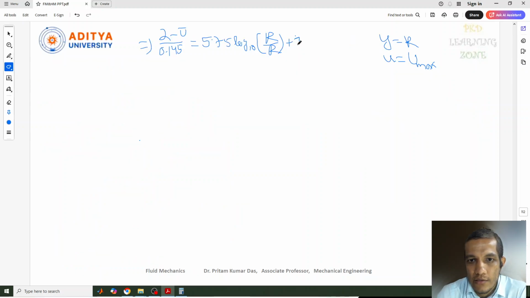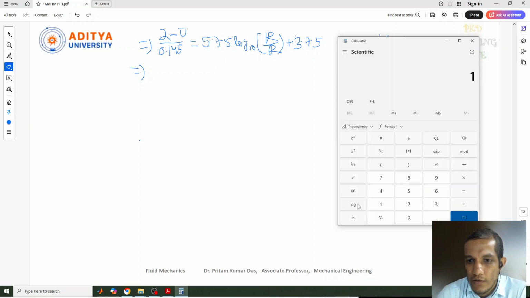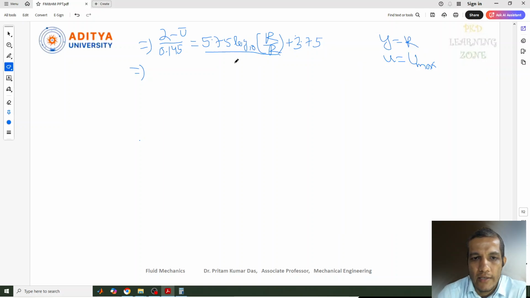So r by r will be 1, and log 1 equals 0, so this term will be totally 0.